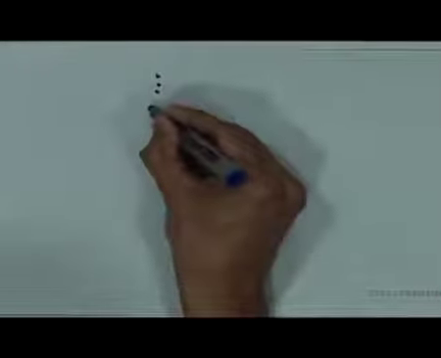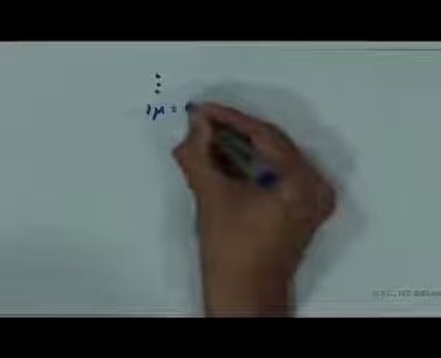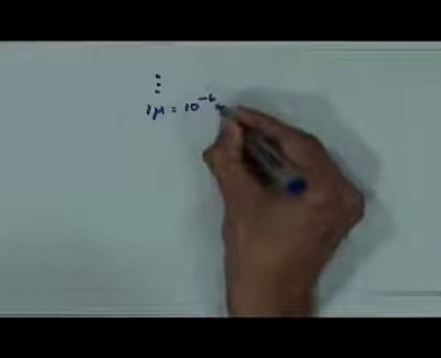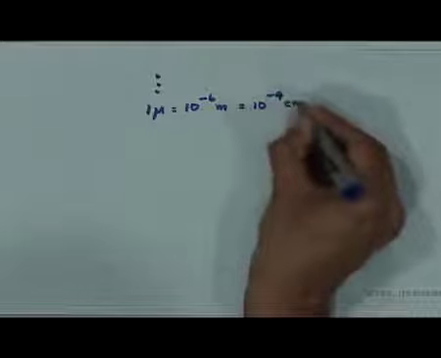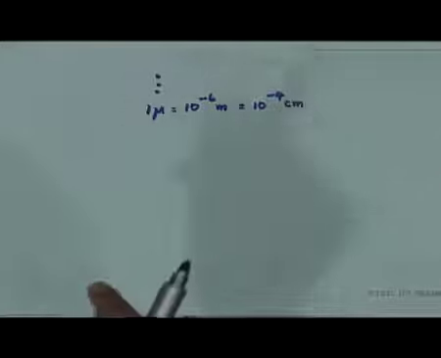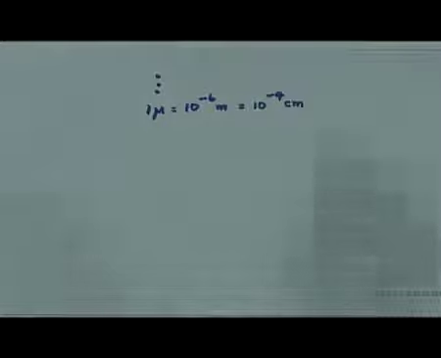So, let us imagine that I go down to 1 micron, which is 10 to the minus 6 meter, or 10 to the minus 4 centimeters, which means that I have gone from 1 millimeter 3 orders of magnitude down.